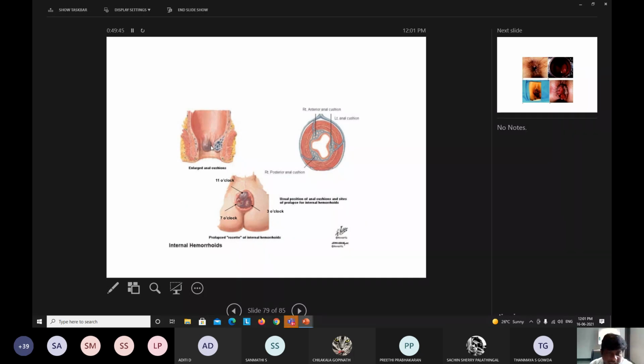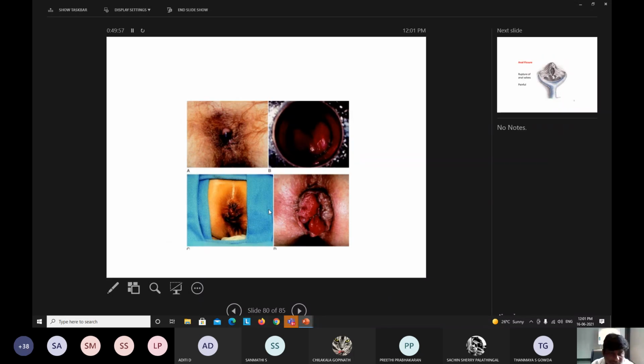Here you can see the enlarged anal cushions and the blood supply, and the piles at the 11, 7, and 3 o'clock positions. Here you can see the appearance of the piles in the anal canal.